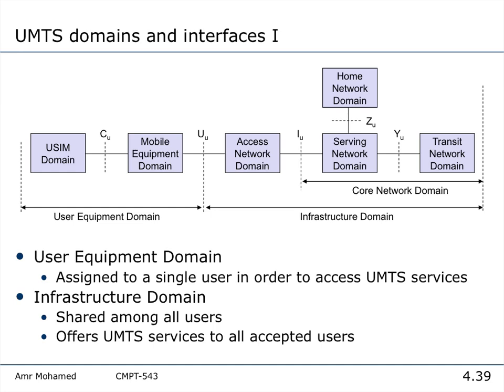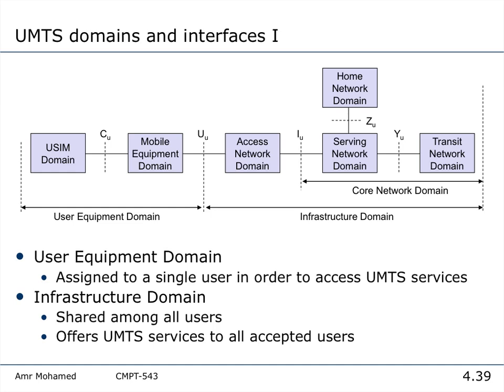It has the universal SIM domain, which again is the same card that gets inserted into the mobile phone, and then the mobile phone has two functionalities: the radio functionality to interact with the base station, as well as the application level services or the interface that provides all the services.